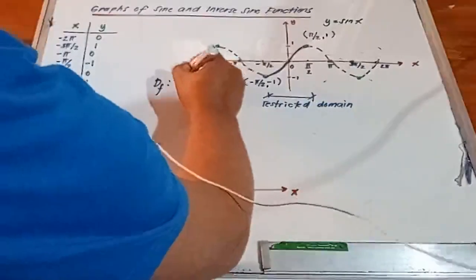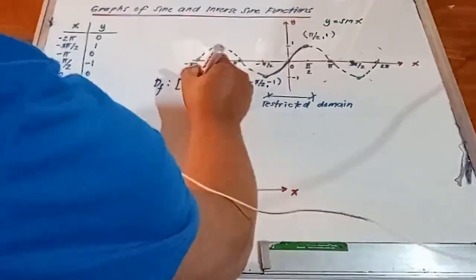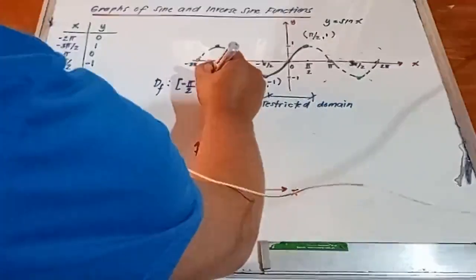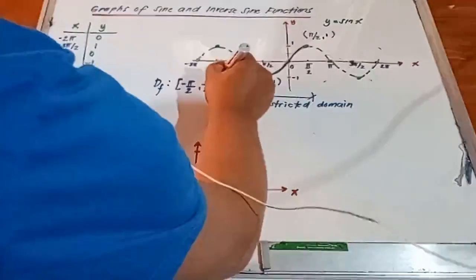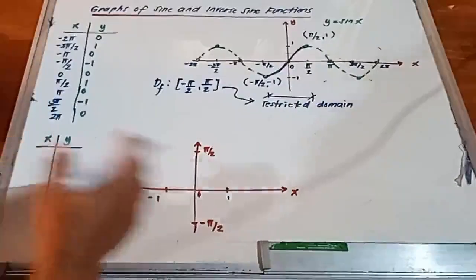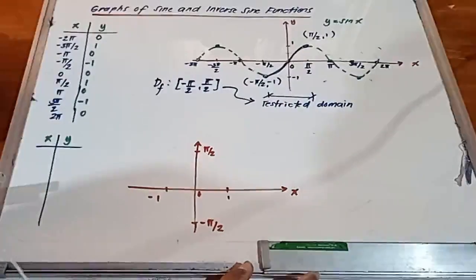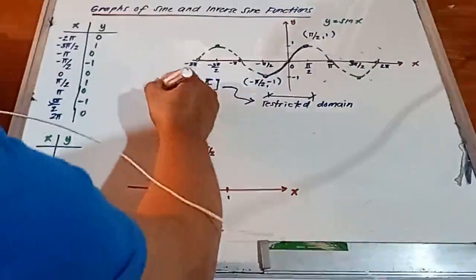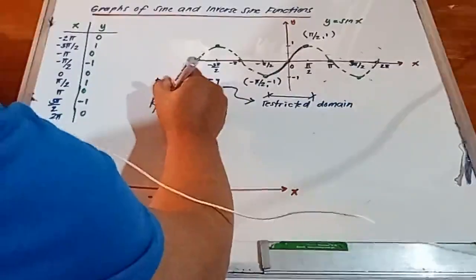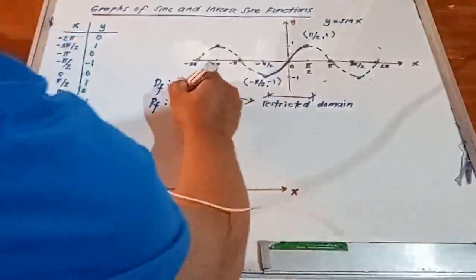Domain of f is from negative pi over 2, inclusive, to pi over 2. Ito yung ating restricted domain para maging 1-to-1 function yung ating y equals sine x. Ang range of the function is from -1 to 1.